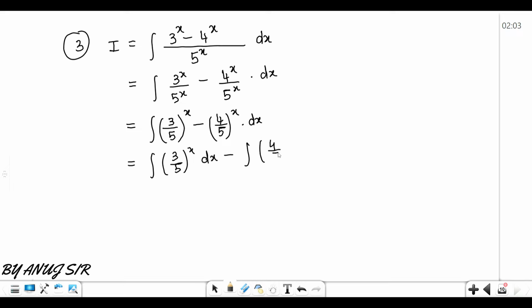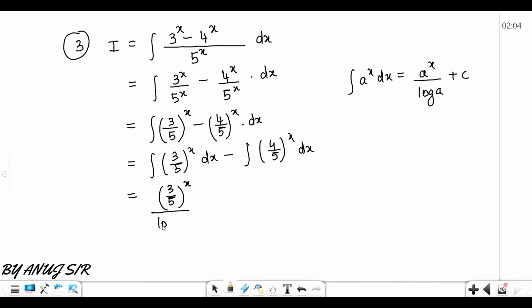Now we'll integrate it separately. If you remember, this is in the form of a raised to x. In the first case the value of a is 3 by 5 and in the second case the value of a is 4 by 5, but our formula will remain the same, that is a raised to x upon log a plus c.